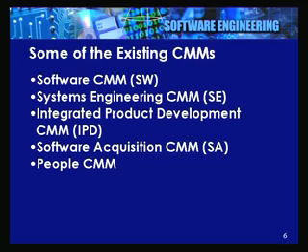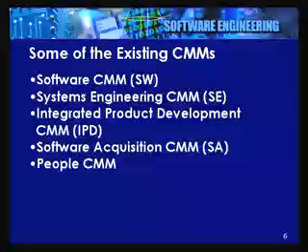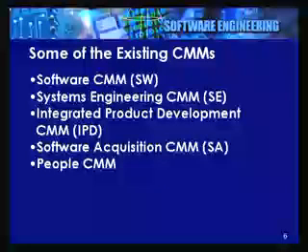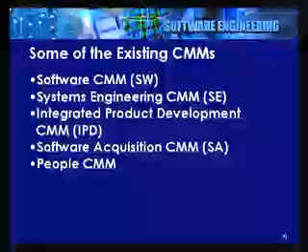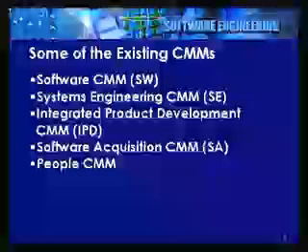Now, there are several capability maturity models which evolved over time. If you look at the slide again, the most well known is the software CMM, which is talked of very often in the software industry. Then there is a systems engineering CMM, an integrated product development CMM, a software acquisition CMM, a people CMM, and CMMs and CMMs and CMMs.